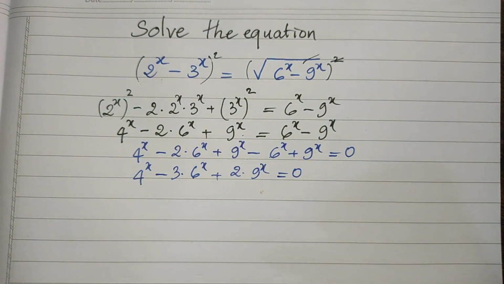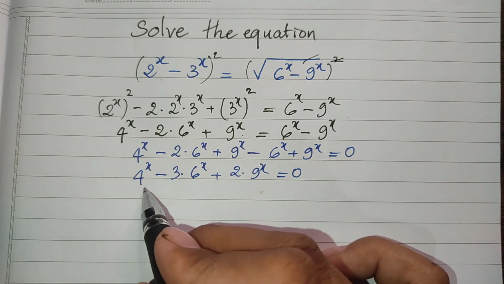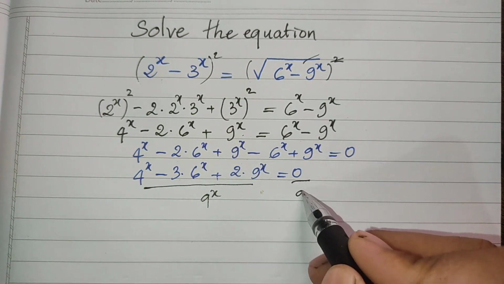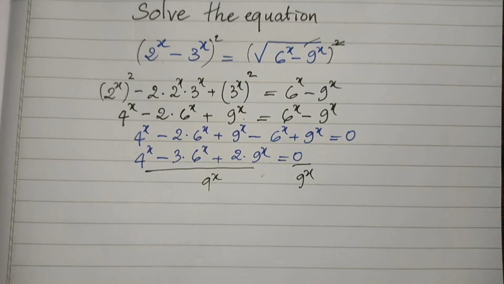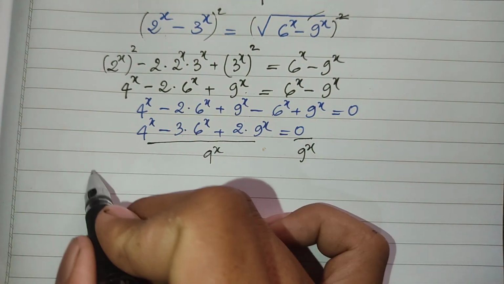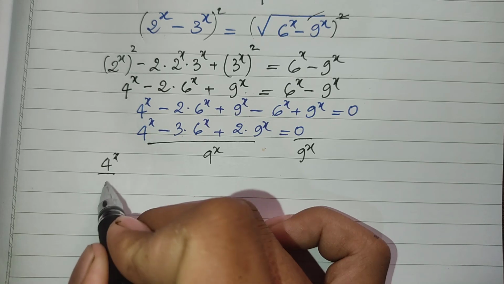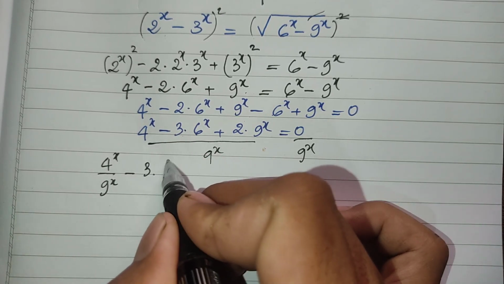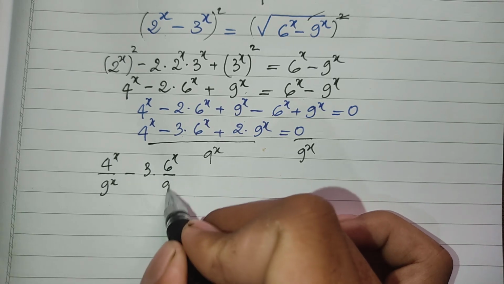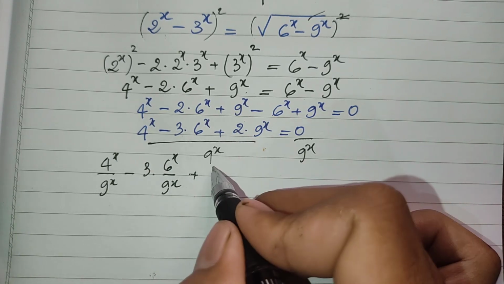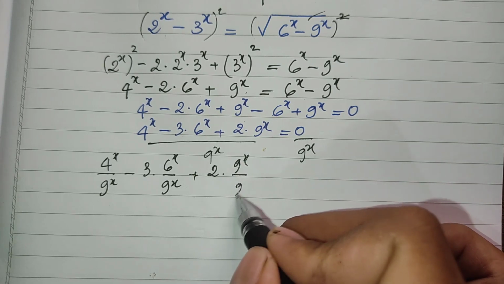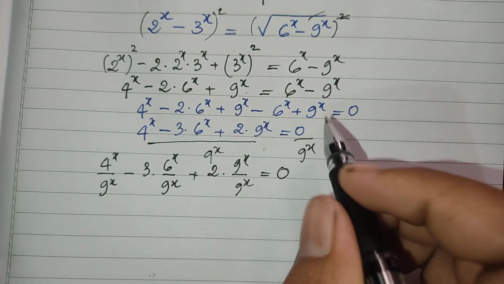Now I divide both sides of this equation by 9^x. So we get 4^x divided by 9^x minus 3 multiplied by 6^x divided by 9^x plus 2 multiplied by 9^x divided by 9^x equals 0.